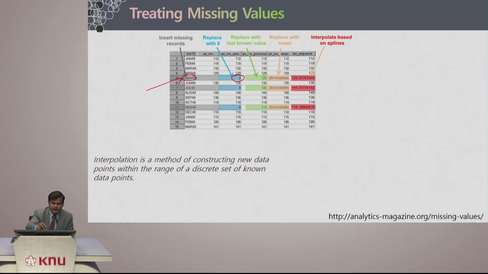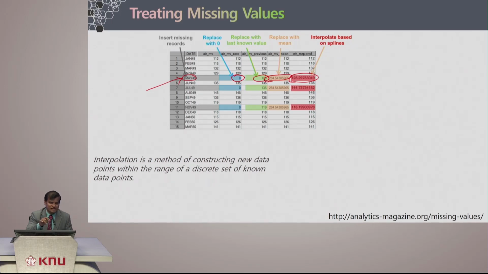And here you are replacing with the previously known value, and here you are replacing with the mean, and here you are going to interpolate. So this means that unless you know the domain well, you don't know exactly how you are going to replace it.